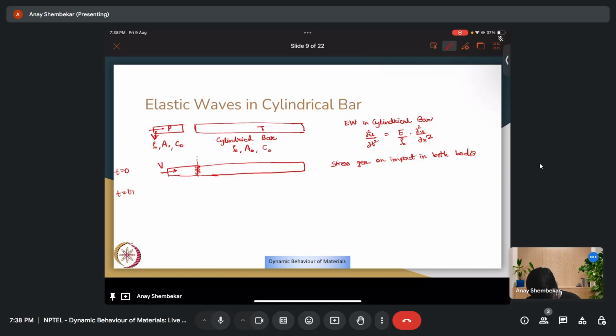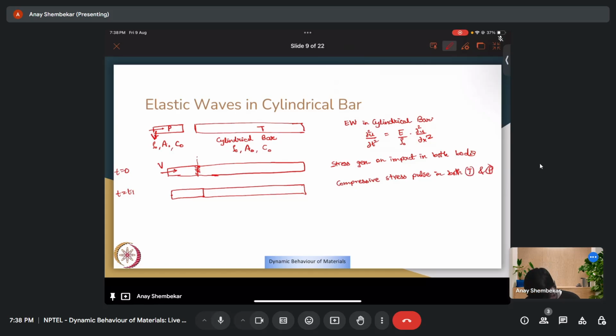This is impact at T equal to T1. There is a compressive stress pulse in both target and projectile.